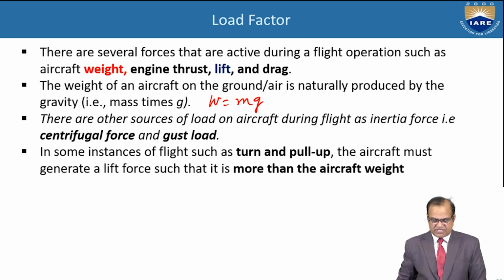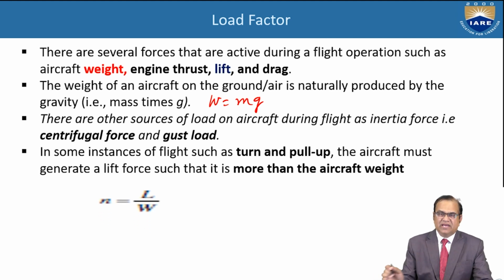In some instances of the flight, such as a turn and the pull-up, the aircraft must generate a lift force that is more than the aircraft weight. So if you want accelerated flight, then lift should be more than the weight of the aircraft.